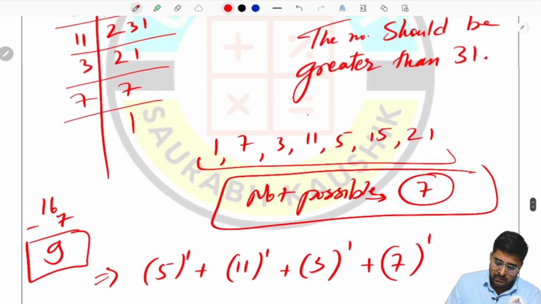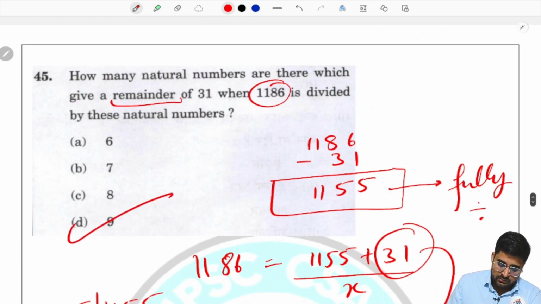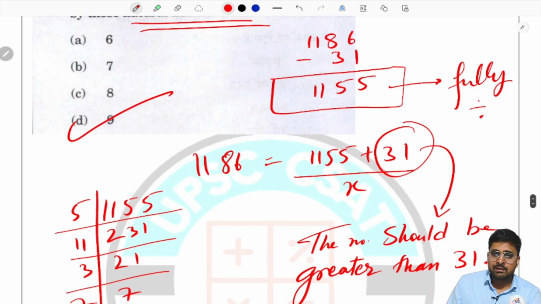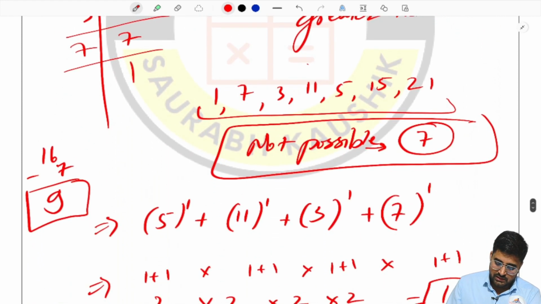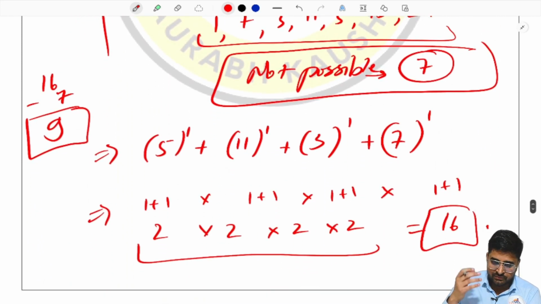Your answer will be 9. So 9 natural numbers greater than 31 are possible which will divide this number. This is a good and repeated question, with just a few tweaks. Otherwise the whole question is the same.